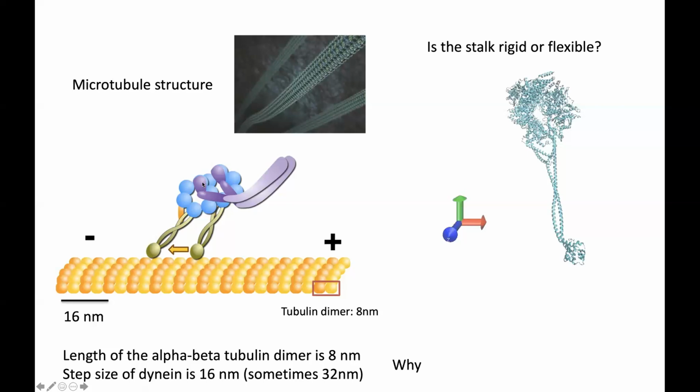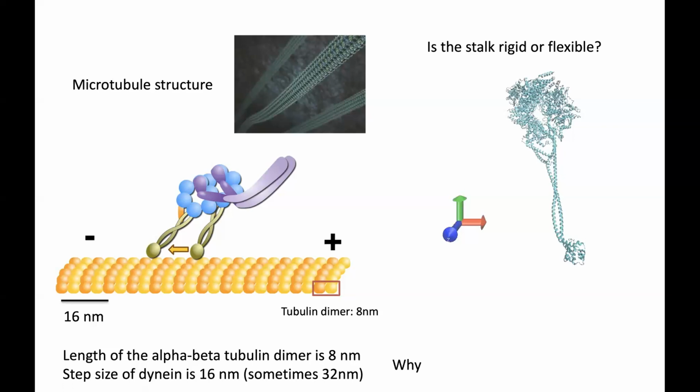The second reason we doubt the hypothesis is, if the neck linker controls the step size, then the leg of dynein should be very rigid. If it's flexible, then it's impossible for this part to control the step size of the dynein. So now you already have the structure, you have some background of the protein, and you have some ideas.